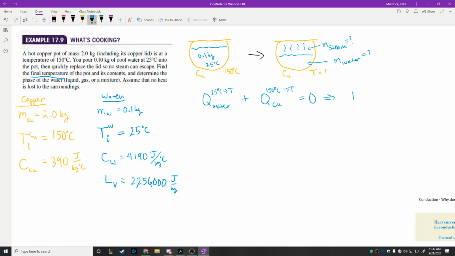This yields the answer that T was equal to, he said, 106 degrees Celsius, and I believe that's correct.